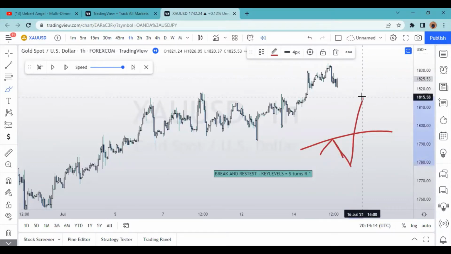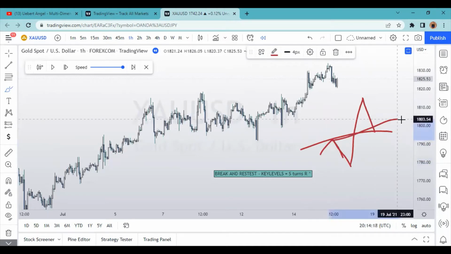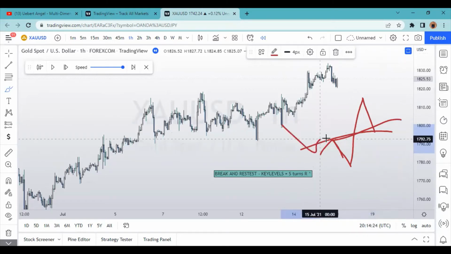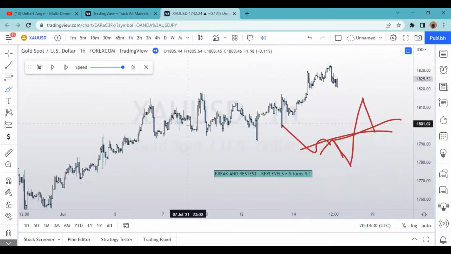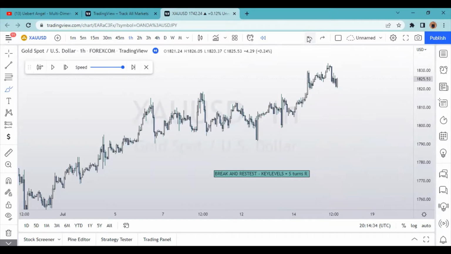So if price goes up like this and then comes back down, this resistance has now turned support. So for support, let's say price was here, this support turned resistance. So that's just a basic explanation as to, you know.